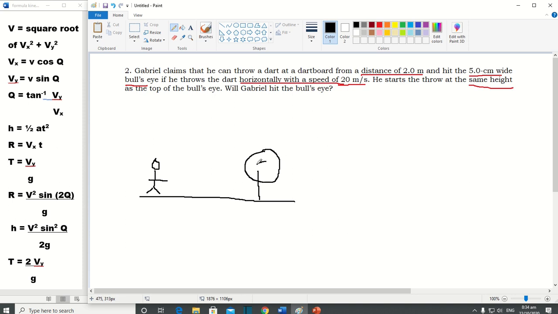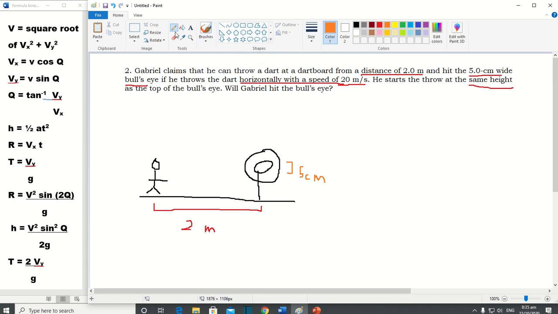Tapos yung bullseye nandito, itong bilog na to. And then, yung distance niya away from the dartboard is 2 meters. Tapos, yung bullseye is 5 cm wide.